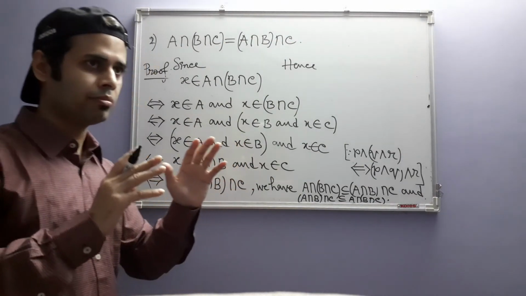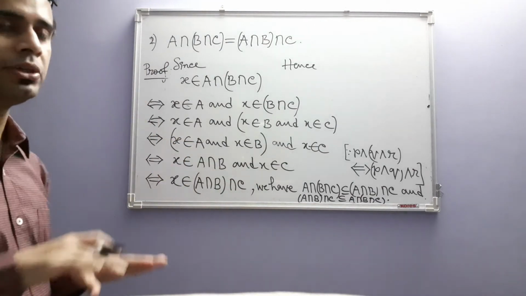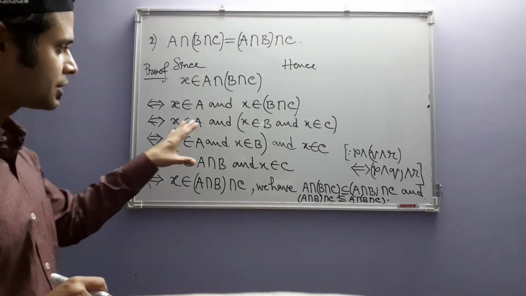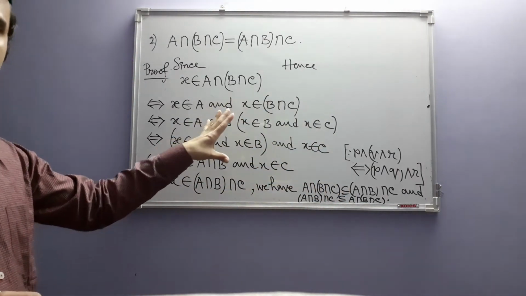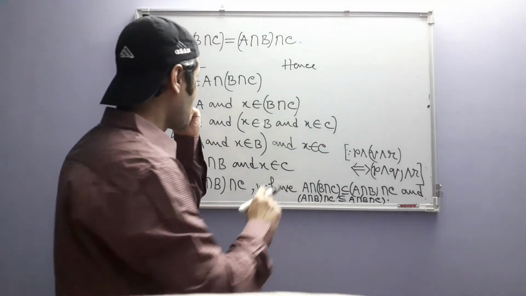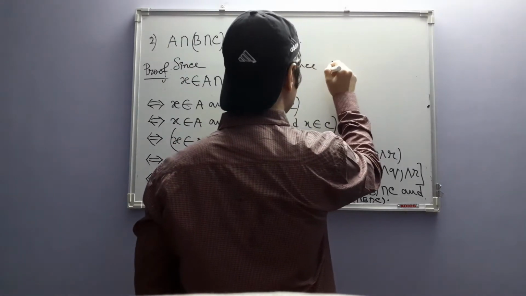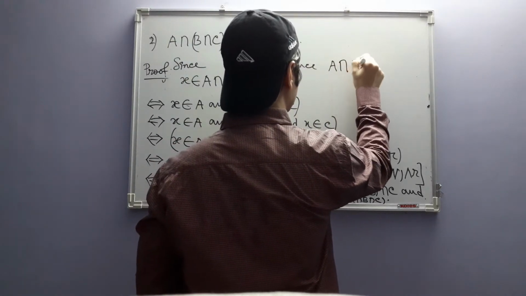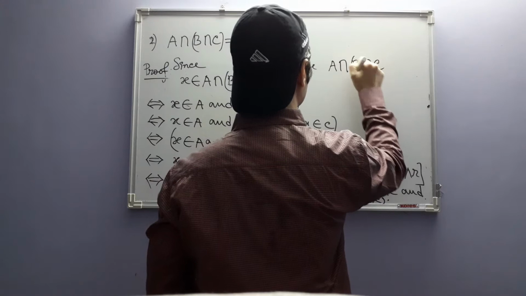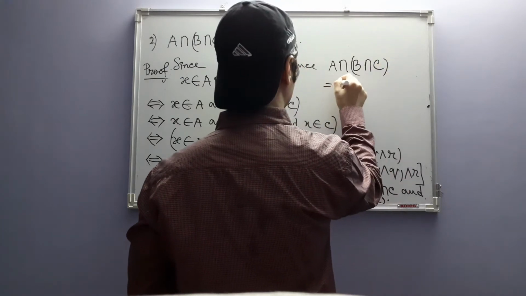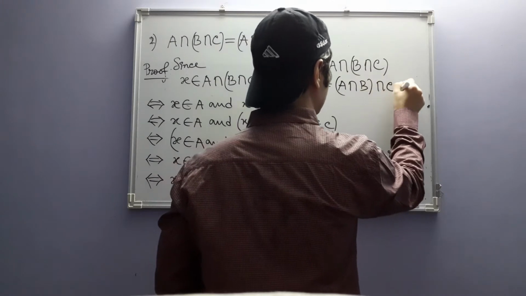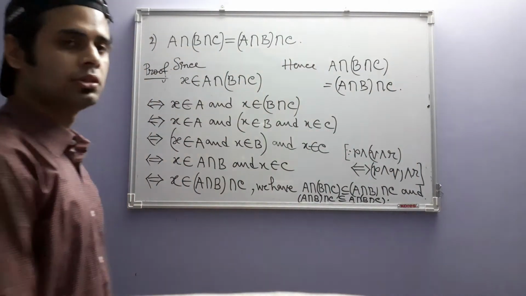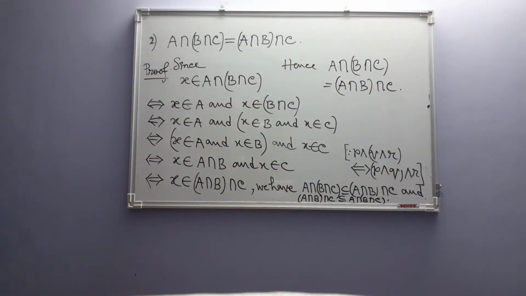But in the back of your mind, everything should be there, so that if someone asks you some doubt, you should be able to clear that doubt. Hence, A intersection B intersection C is equal to this. Hence proved. Or therefore the proof is over.